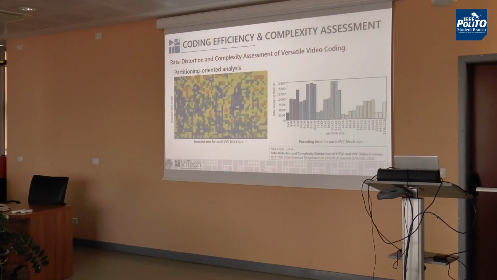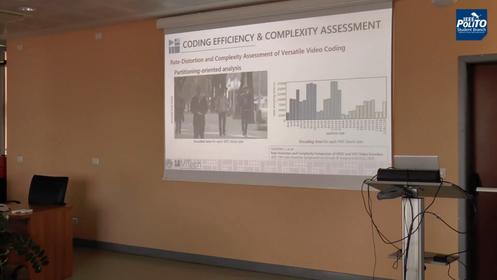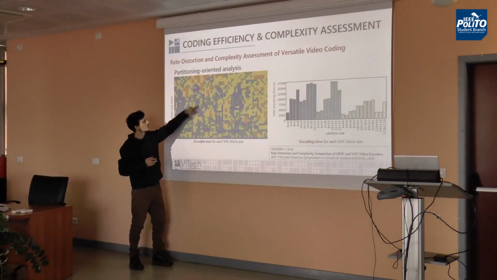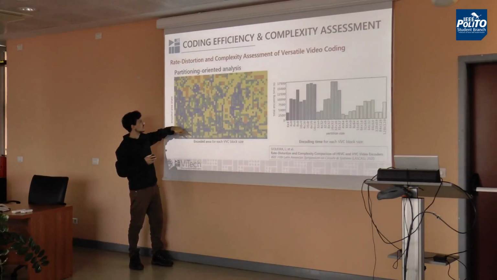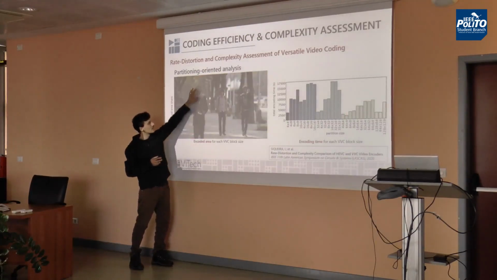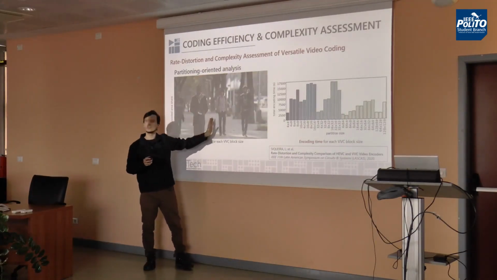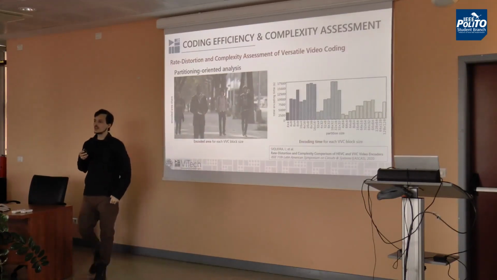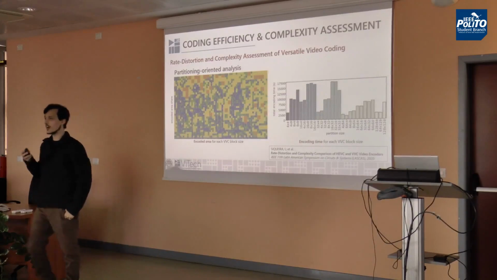I think the colors are not really good, but I'll try to help in this one. You are going to see those blue boxes that are related to smaller ones near the object, and here the objects are people that are moving. In the background, you are probably seeing larger blocks.